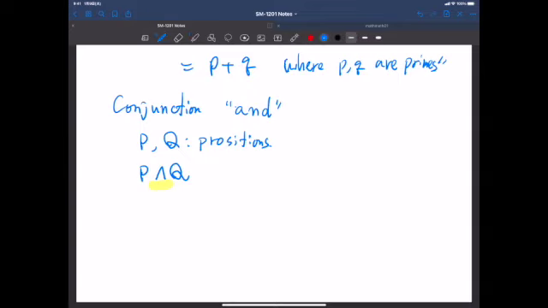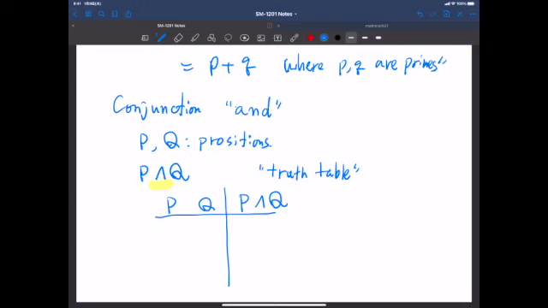The definition is given in terms of a truth table, which is something like this. Let's say P, Q, and P and Q. When P is true and Q is true, then P and Q is defined to be true.